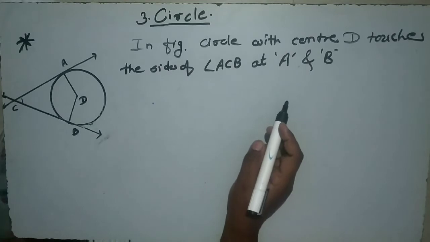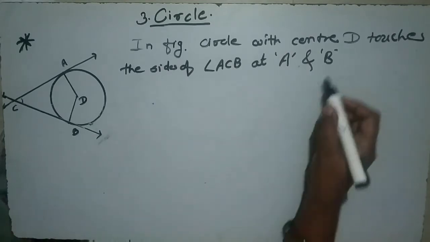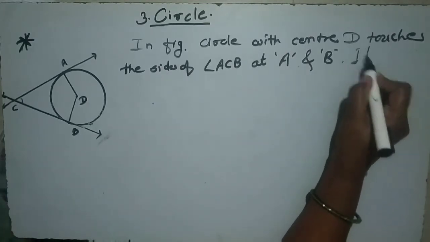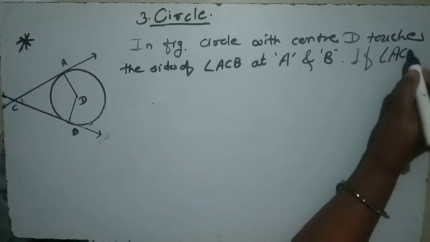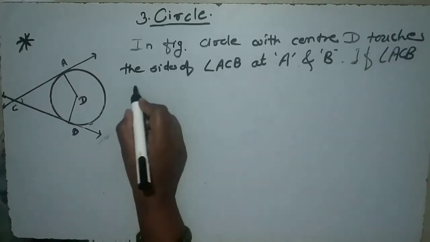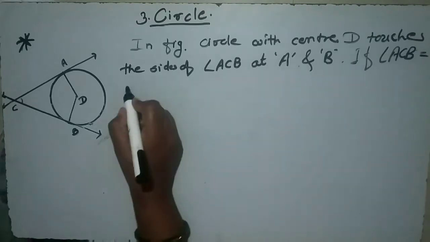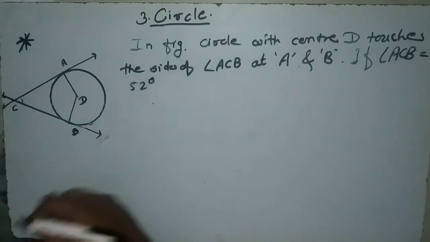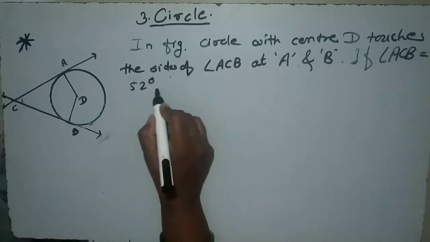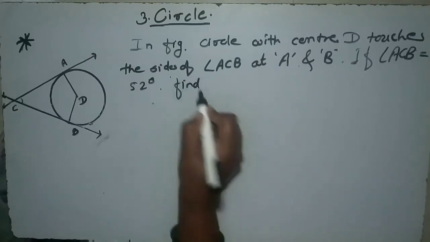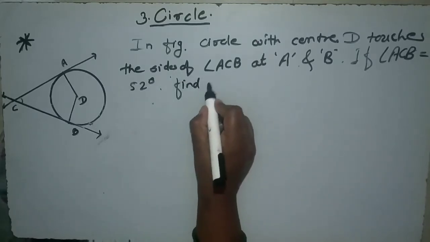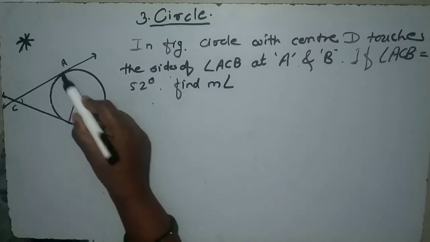Then if angle ACB equals 52 degrees, we have to find the measure of angle ADB.